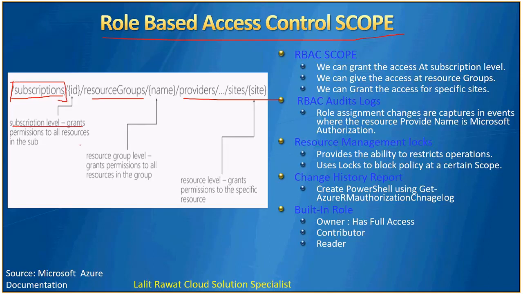When you apply the policies on the subscription level, it will apply the permissions to the subscription. So your administrator has the rights to all the resource groups, all the resources, including the sub resources. Basically it has all the rights at the subscription level if you provide the owner, contributor or the reader permissions.